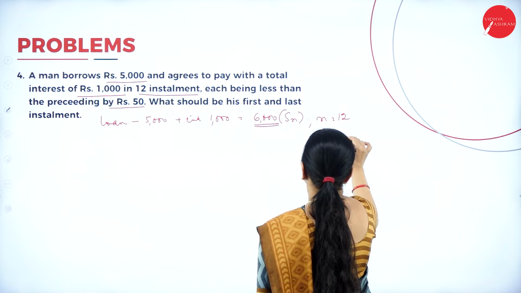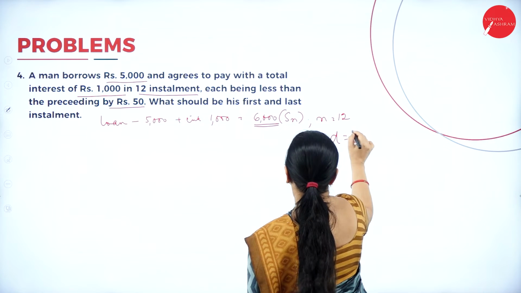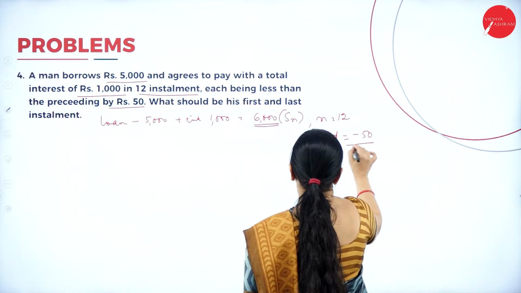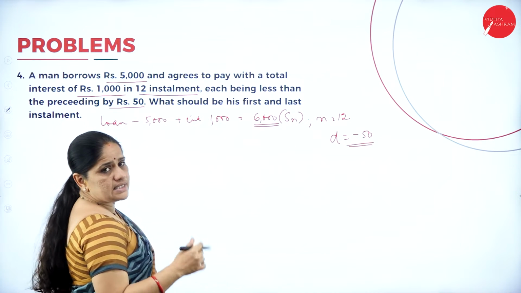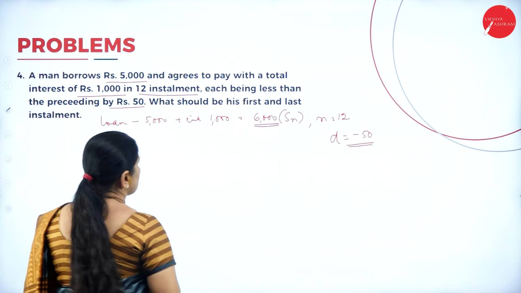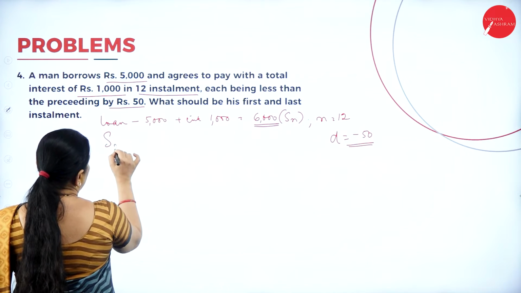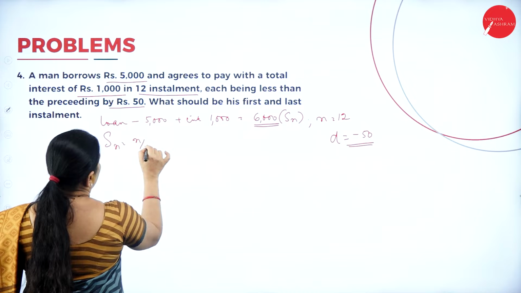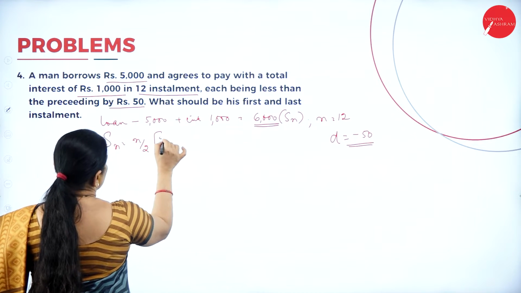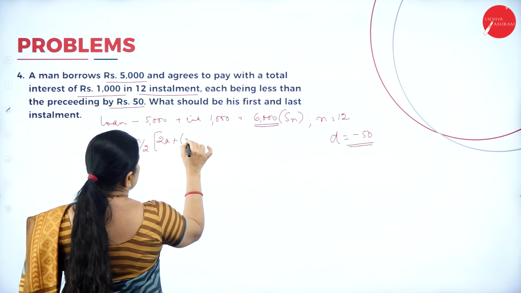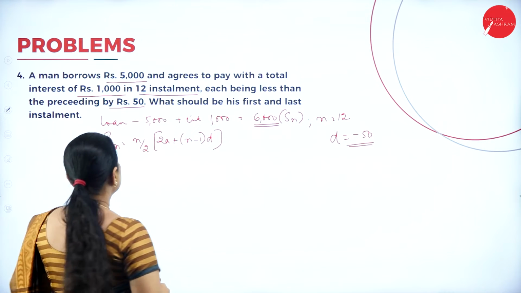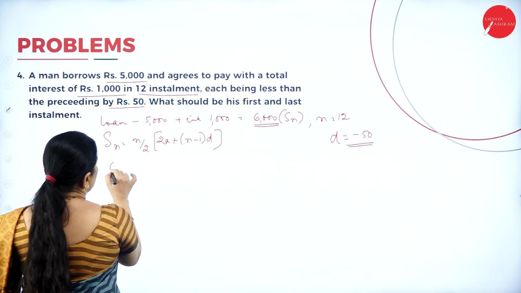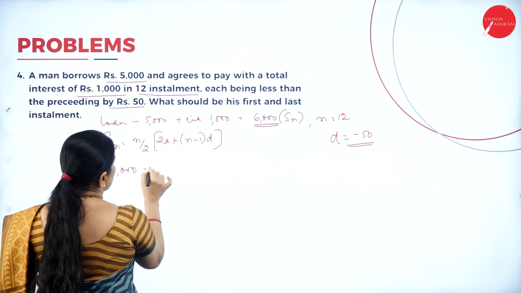So this is a problem on arithmetic progression. So every installment minus 50. He is reducing his installment by 50 rupees. So I use the formula Sn equals n by 2 into 2a plus n minus 1 into d. So this is the formula. So Sn I know it is 6,000.